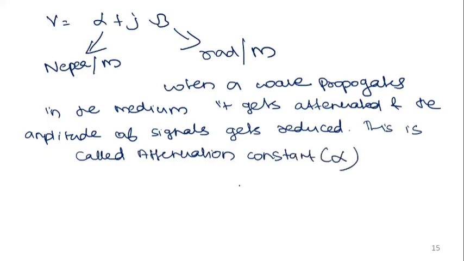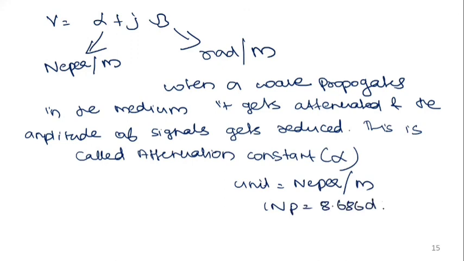So unit is Neper per meter. And 1 Neper is actually considered to be 8.686 dB. When a wave propagates, the amplitude can get reduced, and that is how we talk about the attenuation constant. And then a phase change also takes place when a wave propagates.